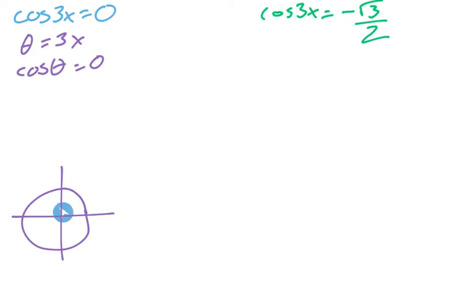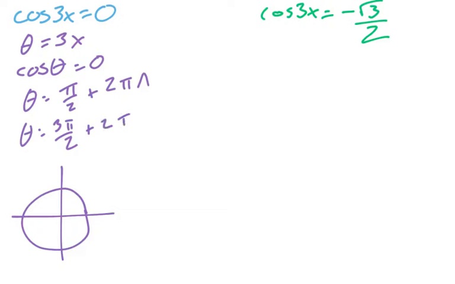And so that's up here at pi over 2, or down here at 3 pi over 2. So theta equals pi over 2 plus 2 pi n, or theta equals 3 pi over 2 plus 2 pi n.